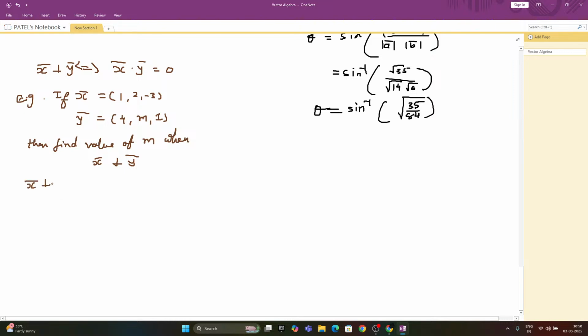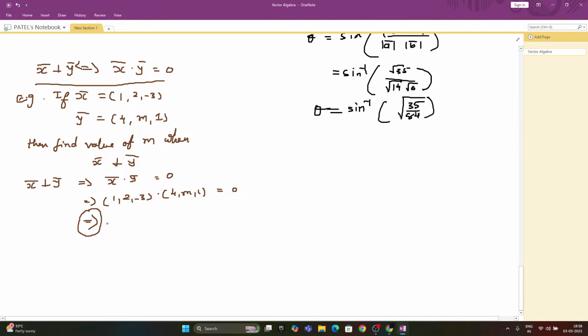So that x bar and y bar is given, both are perpendicular to each other, then x bar dot y bar may be 0 according to our theorem, this statement. So 1, 2, minus 3 dot 4, m, 1 will be 0. See here, I am not doing the equality.